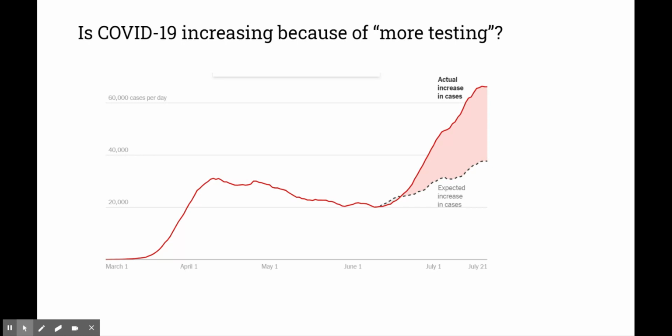But the number of diagnosed COVID cases is much greater than what we would expect just due to the increased testing. What this indicates is disease is actually spreading. Incidence rates are actually increasing, and it's not just because we're testing more.